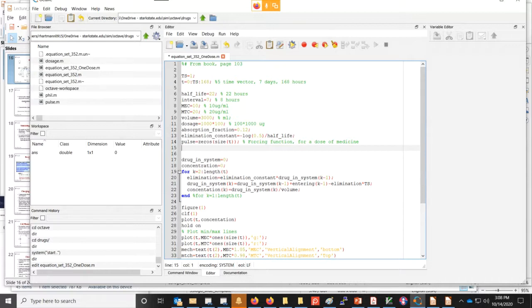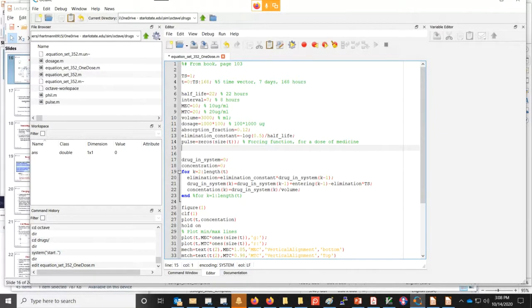I take it out of the pill bottle, put it in my mouth, get a swallow of water, and swallow it. That's the outside coming into the system. If my body is the system, this drug is coming from outside of the system. So that's the forcing function piece.